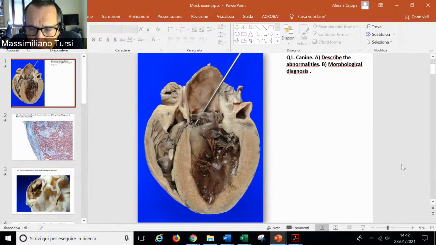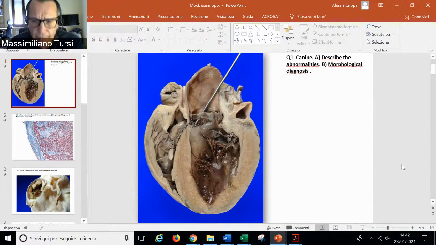And of course, the cavity of the left ventricle. And so the morphological diagnosis is ulcerative, erosive aortic endocarditis, and secondary congestive cardiomyopathy of the left ventricle.